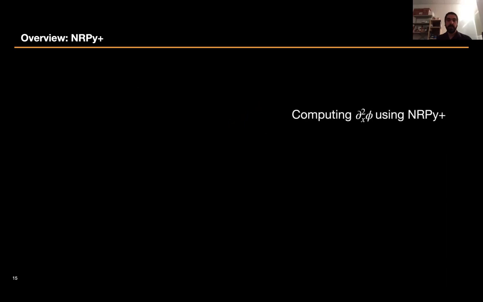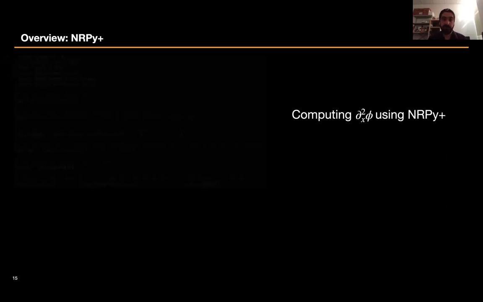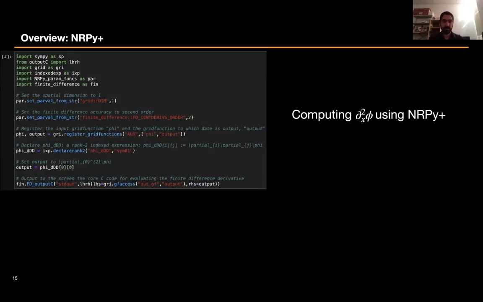So just to give an illustration for those who are not familiar with it, to compute the second derivative of a simple scalar function phi, we write down this very human-readable piece of code right here, where we set the spatial dimensions to 1 and the finite difference order to 2. This is not the derivative order, it is just the truncation error order to which we're going to approximate the second derivative.